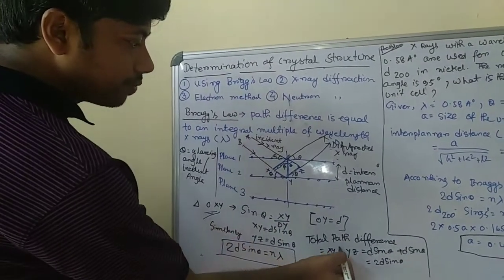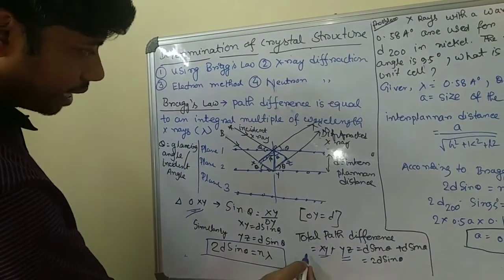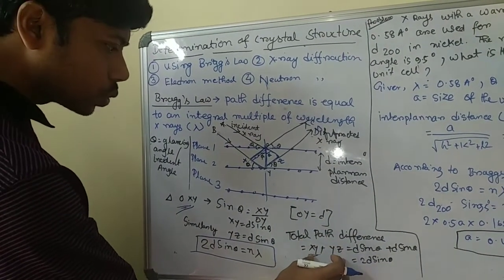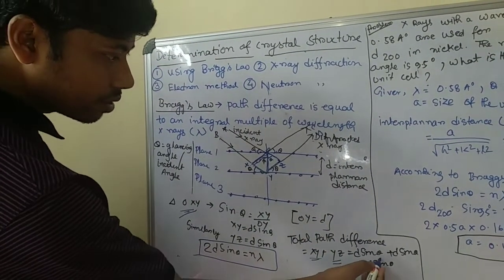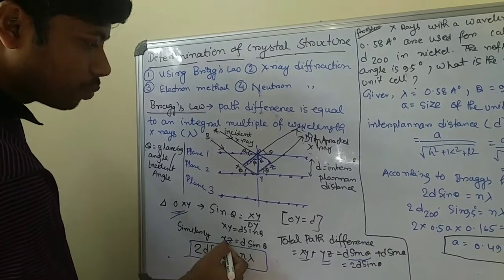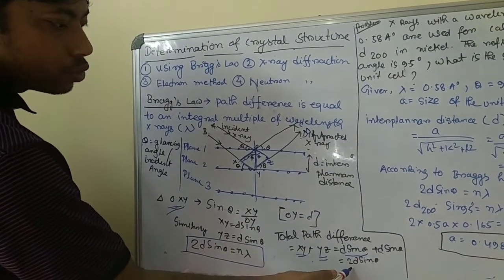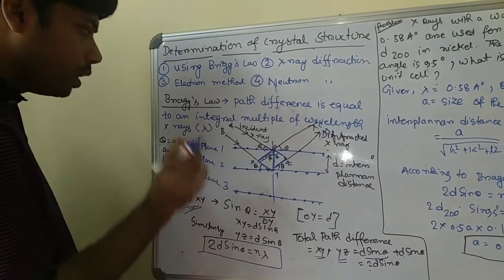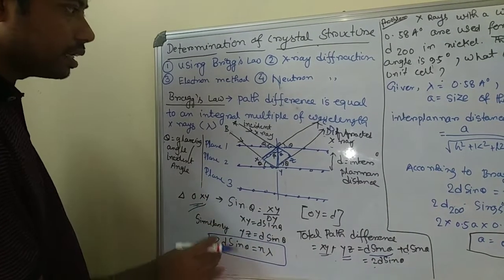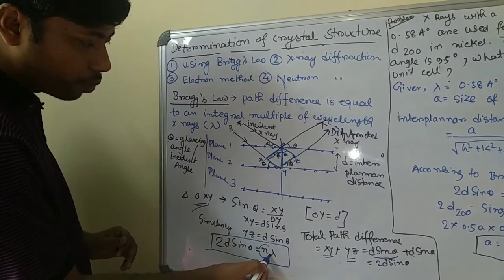In terms of XY, you can write d sine theta, and in terms of YZ, also d sine theta. So the total path difference will be 2d sine theta, and this is equal to an integral multiple of the wavelength.